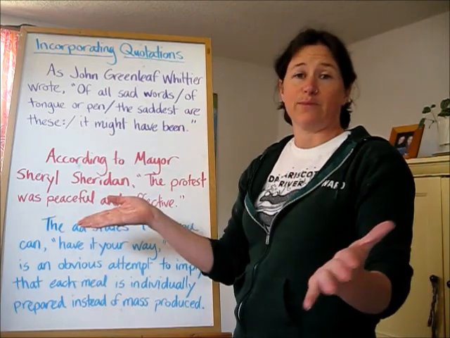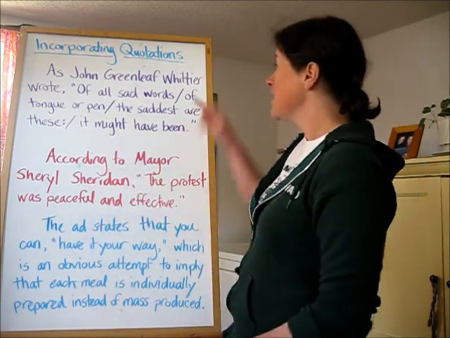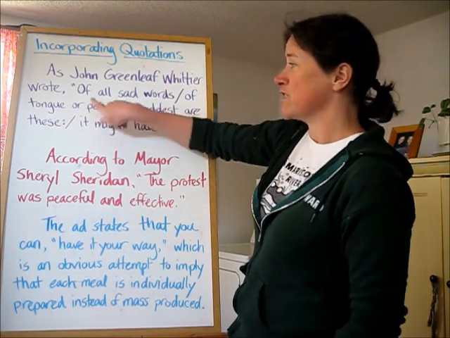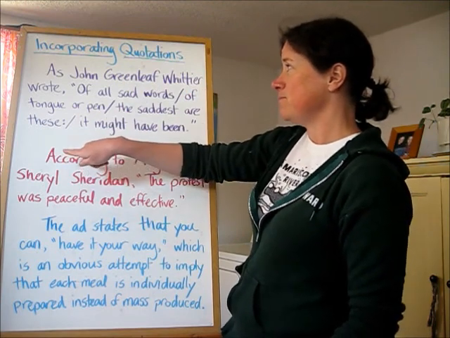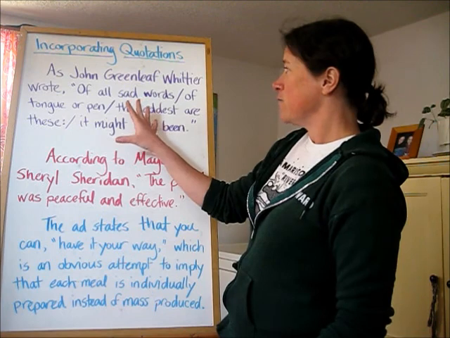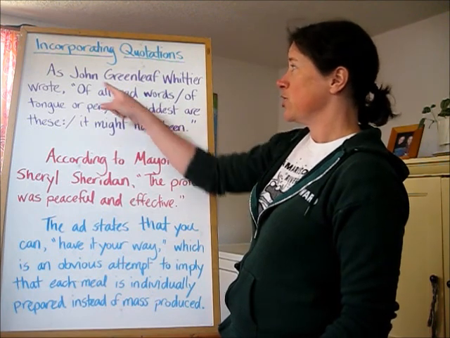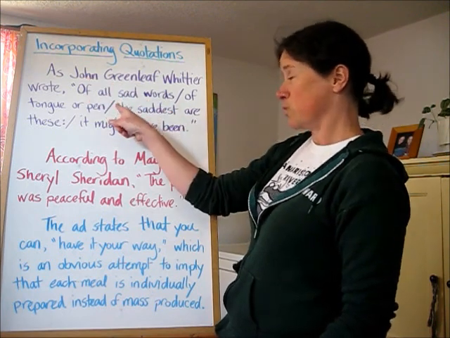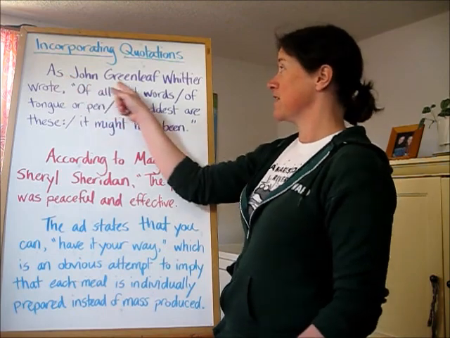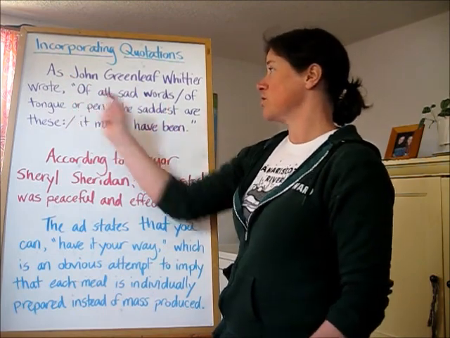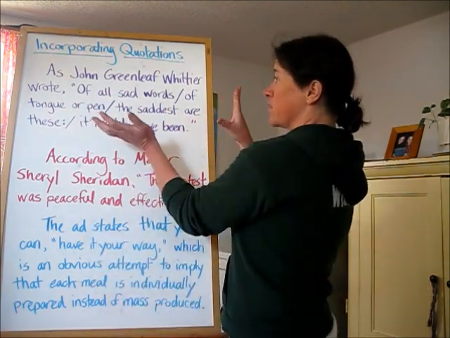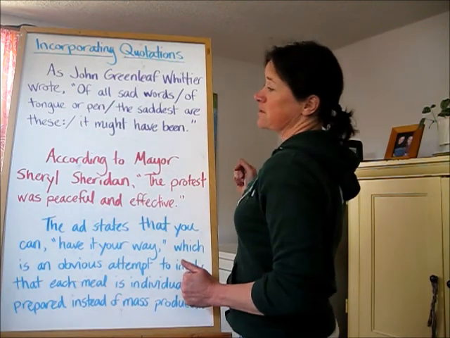I mean, a sentence hasn't been completed and there's a line break. That's what these forward slashes indicate. So, the way that we've done this, it is very clear who wrote the words, because we have indicated that in our introduction to the quote, and the quote itself fits right into the sentence.